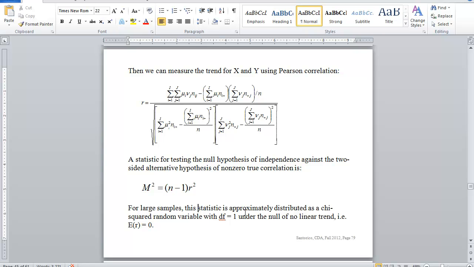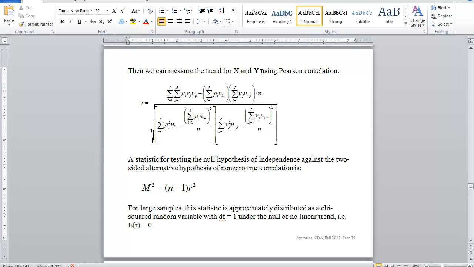Once you've assigned your scores, one way to think about whether there's a trend between X and Y is to take those scores and calculate a correlation. This messy formula is just taking the scores, recognizing that you've got a fixed number of counts for each combination of your levels of your variables, and calculating correlation.